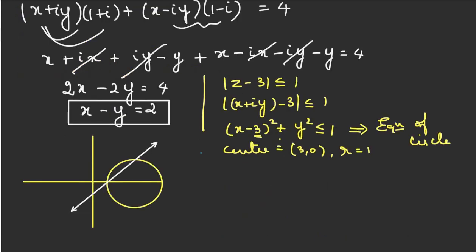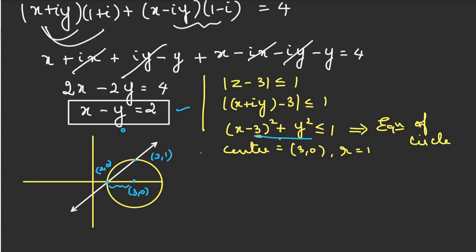Now this is the equation of the circle with center (3, 0), and this expression x − y = 2 is the equation of a straight line. Put y = 0, we get x = 2, so the line intersects the x-axis at the point (2, 0).